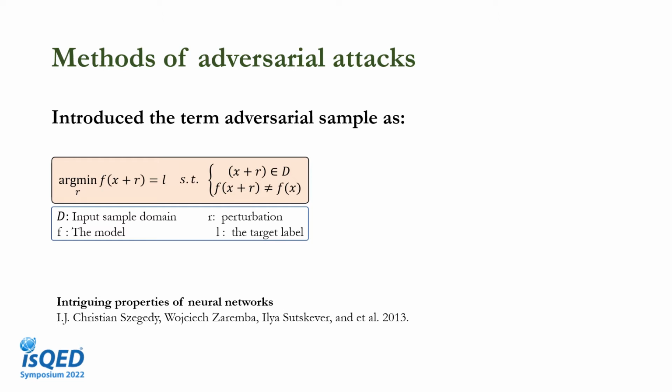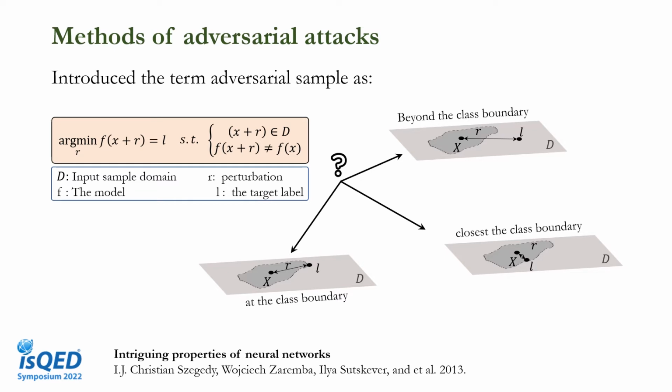Let's imagine a model F correctly predicts the sample X, which comes from a distribution D. Now they're looking for a minimum perturbation R, such that by adding it to the input X, the result stays in the acceptable domain D, and the model F predicts it as the target label L. Then the adversarial example refers to X plus the obtained perturbation R. Here we see some examples of perturbations that lead to adversarial examples of X. However, they're looking for the minimum perturbation, which is shown in the picture on the bottom right.